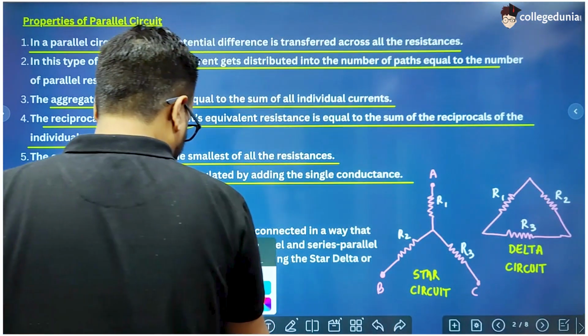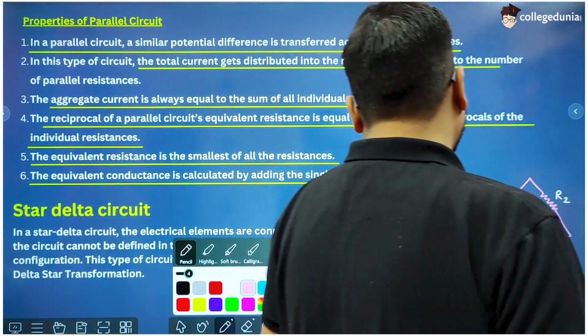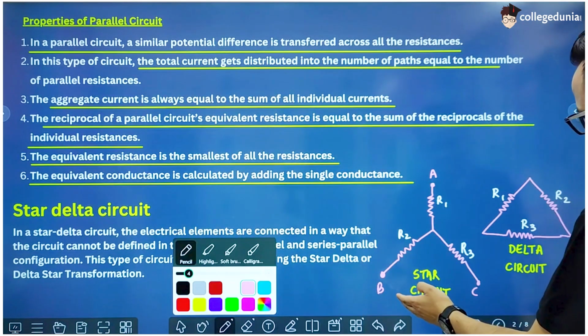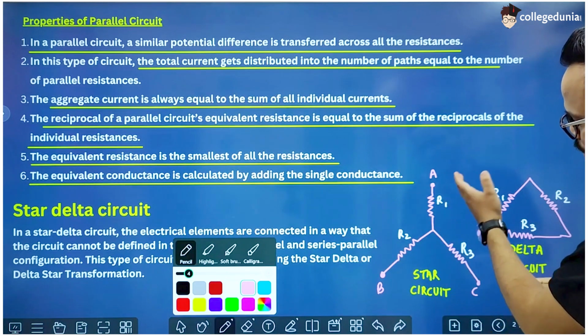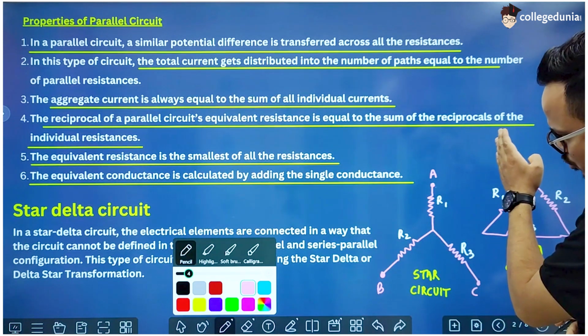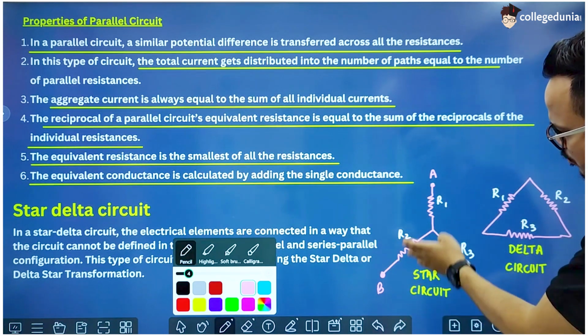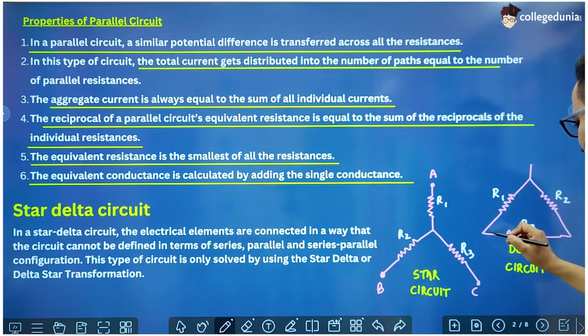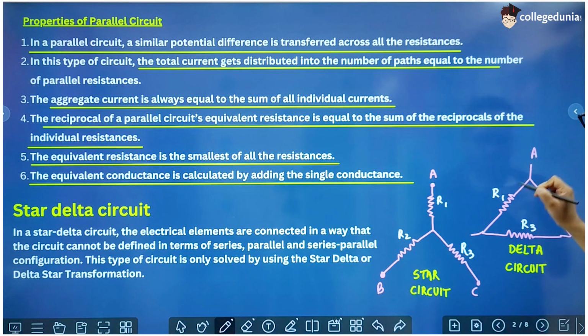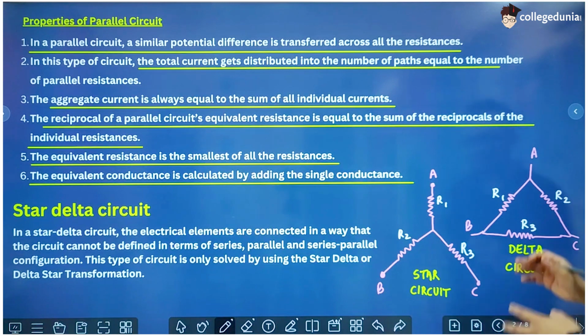In star circuit, you are supposed to find the equivalent resistance between any 2 points, and in any 2 points between these three, we are supposed to find the equivalent resistance between A and B, or A and C, or B and C. And here the 3 points are these, which are the vertices of this delta connection ABC. And again we are supposed to find the equivalent resistance between any these 2 points.